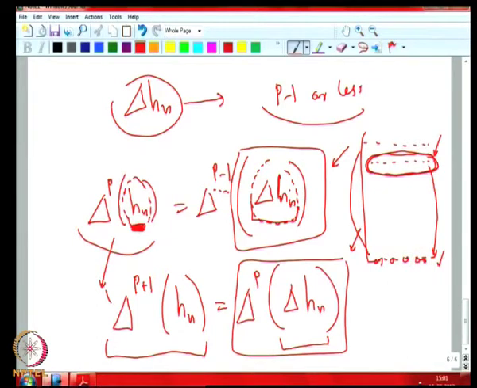So in this notation you have to write accordingly. The p plus 1th row corresponds to delta raised to p plus 1. Starting from here, delta of Hn corresponds to this row, delta p of Hn corresponds to this row, the same row.